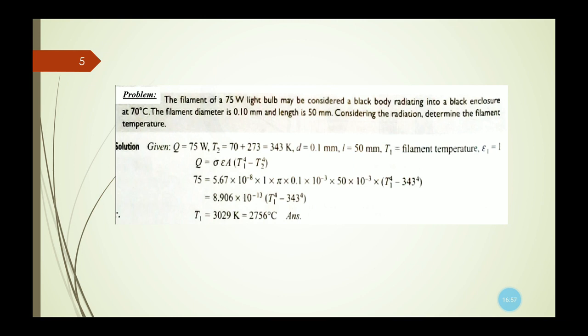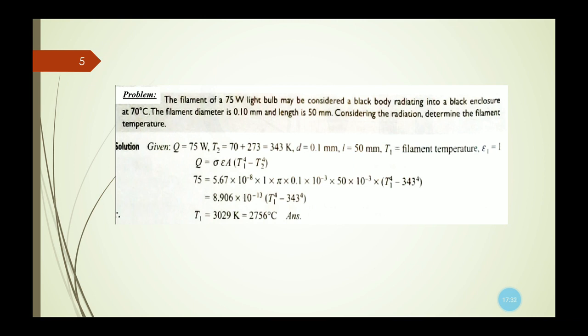So in that case, the formula to calculate the radiation that we will consider here is actually Q equals sigma epsilon A T1 to the power 4 minus T2 to the power 4. This type of formula we have seen earlier. To calculate the radiation, considering the Stefan-Boltzmann constant and emissivity, and the area of the given object, we need to use this formula.